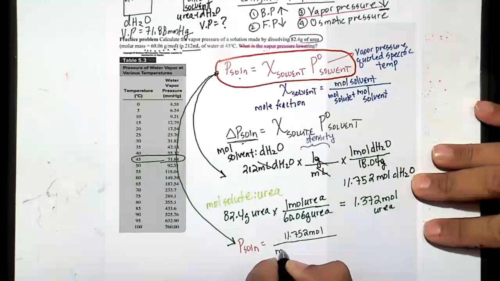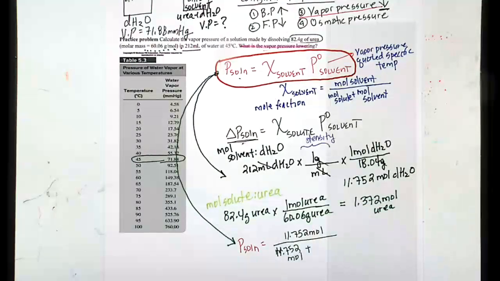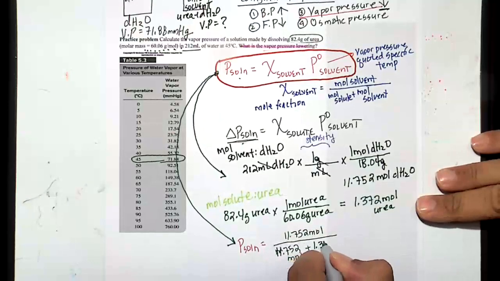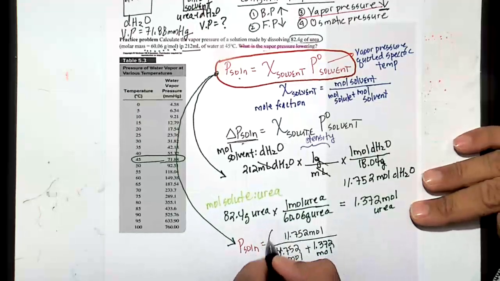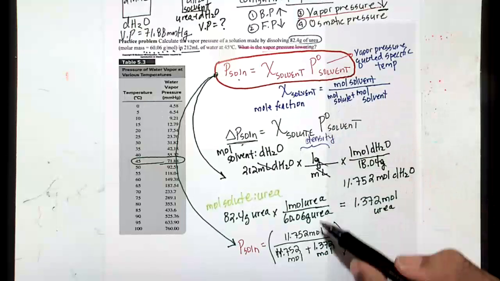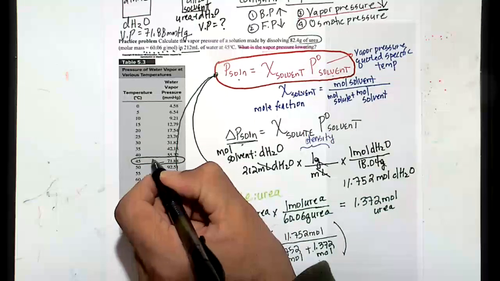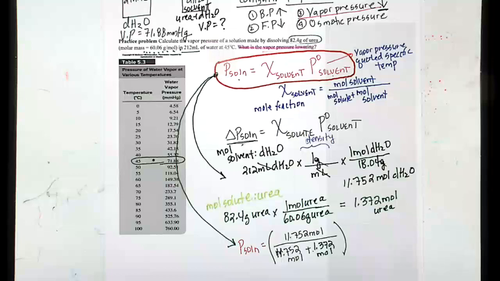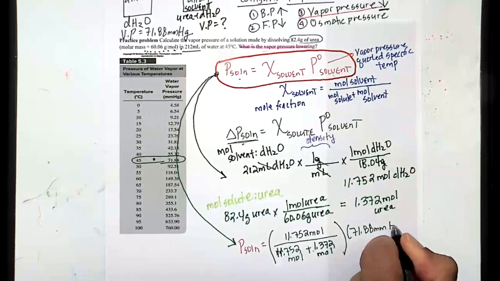So that's the moles of solvent, 11.752 moles, plus the moles of the solute, which is 1.372 moles. That's the mole fraction of the solvent times the vapor pressure alone. What's the vapor pressure alone? Without the urea, the vapor pressure of water alone at 45 degrees is 71.88 millimeters of mercury.